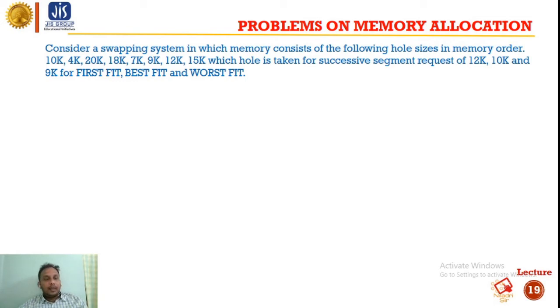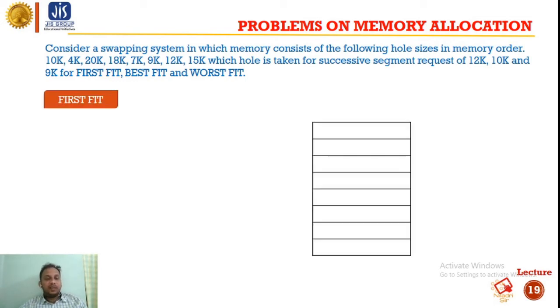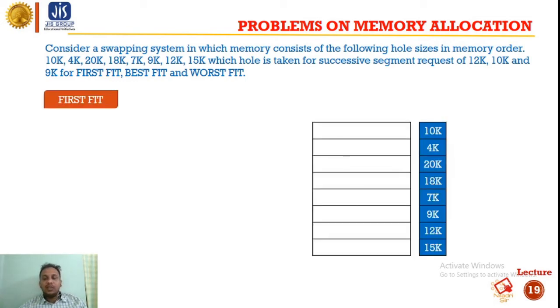At first we will do the first fit. These are the holes: 10K, 4K, and so on, all consecutive. The segment requests are 12K, 10K, and 9K. In case of first fit, what will it check? 12K will check first this 10K.